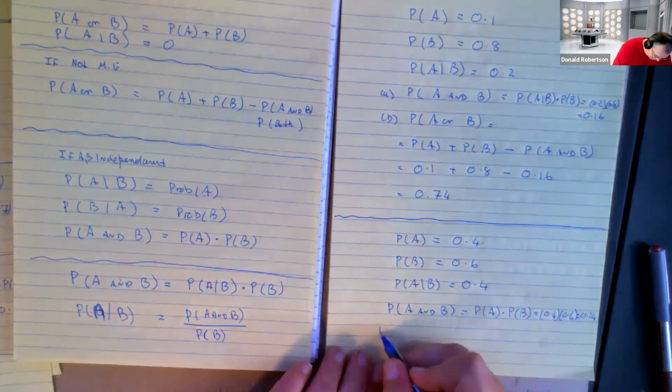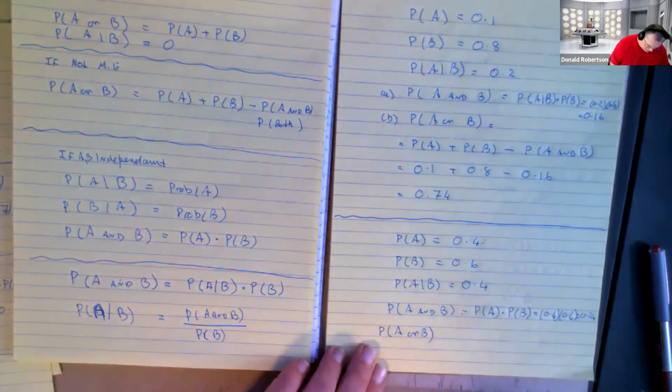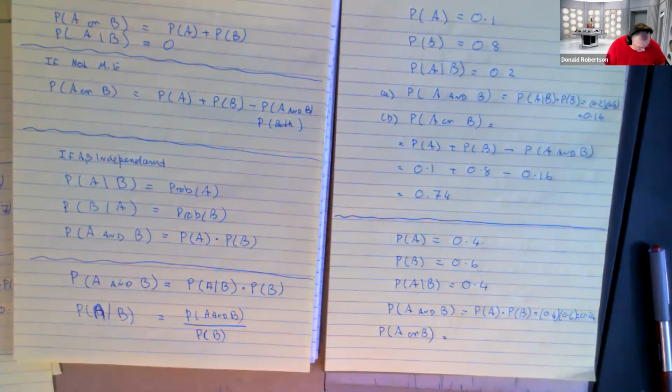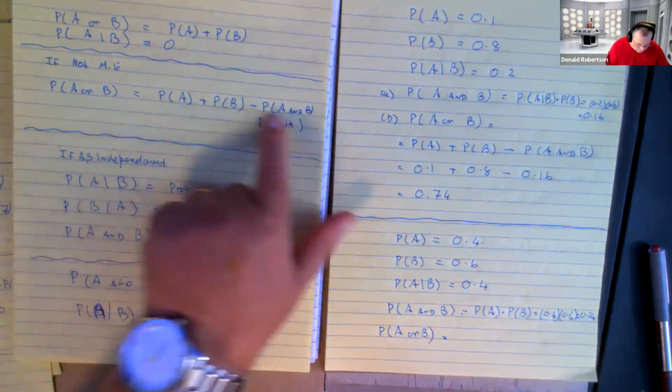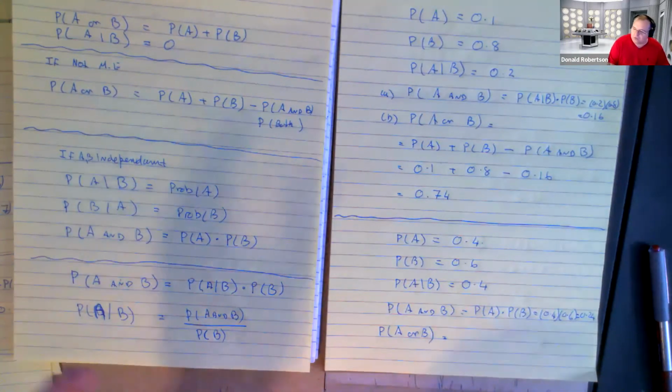Now, what about P, A or B? Well, that formula, the A or B one, doesn't really care, right? It works for all situations. So there's not like one version when it's independent and one when it's not. It doesn't matter.